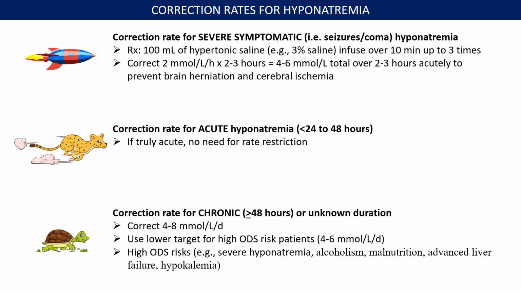A lower target range of 4 to 6 millimoles per liter per day may be used in patients with high ODS risk. As a reminder, high ODS risks include severe hyponatremia with serum sodium concentration typically less than 105 millimoles per liter, alcoholism, malnutrition, advanced liver disease, and hypokalemia.